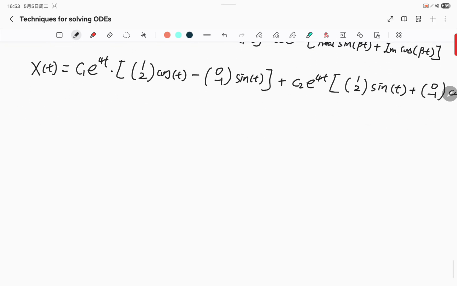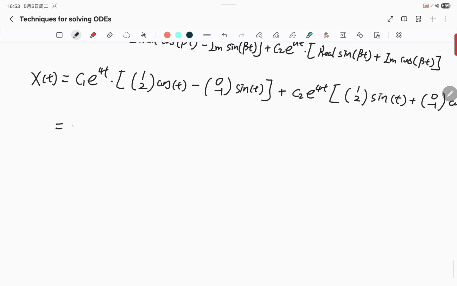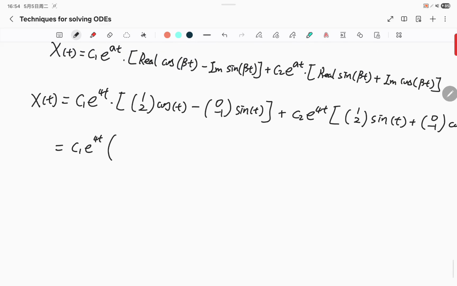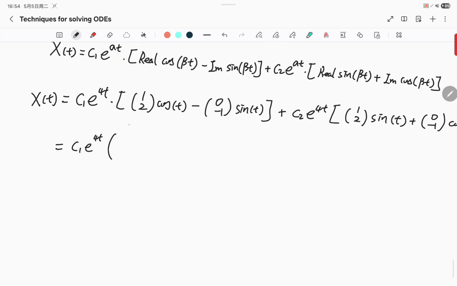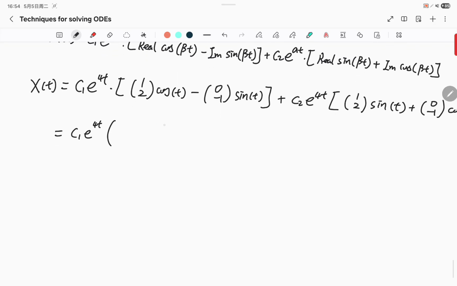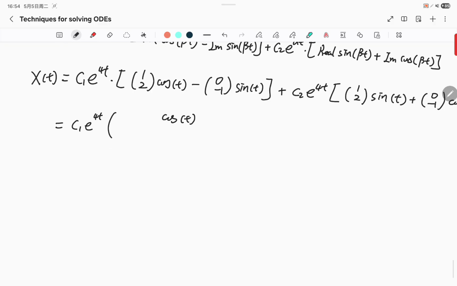Very long. We can do an optional one more step, which is to write this whole thing in vector form by distributing the cosine and the sine into the parentheses. So we have top row simply cos t.